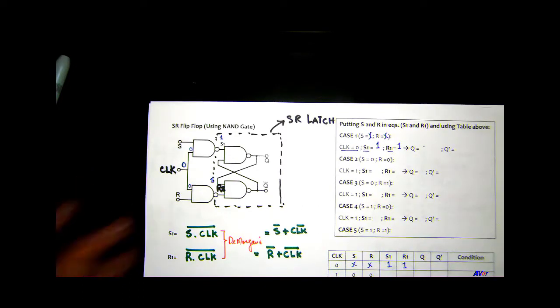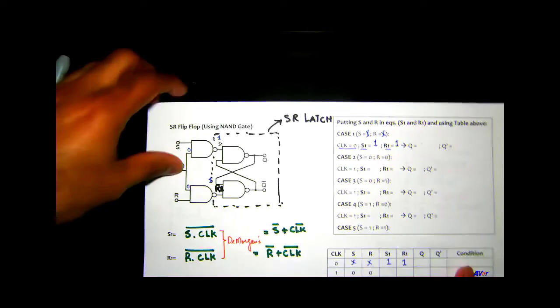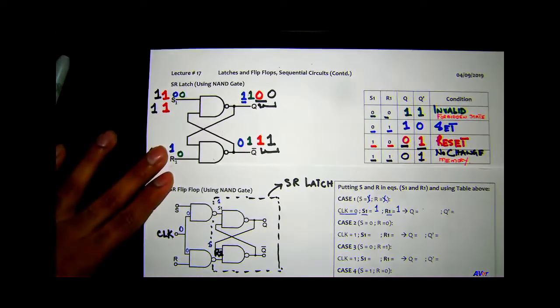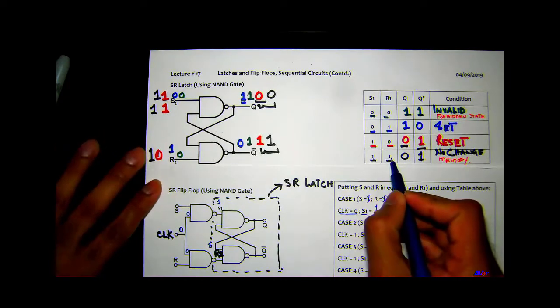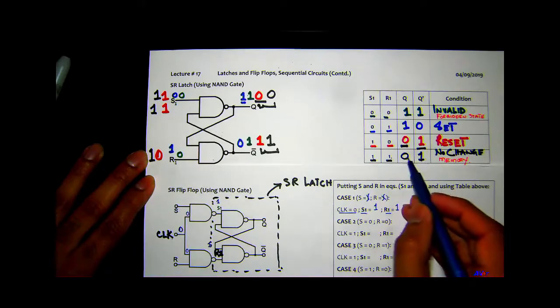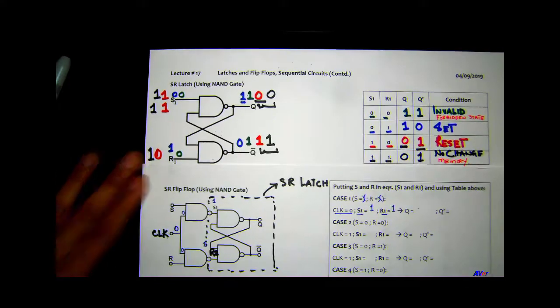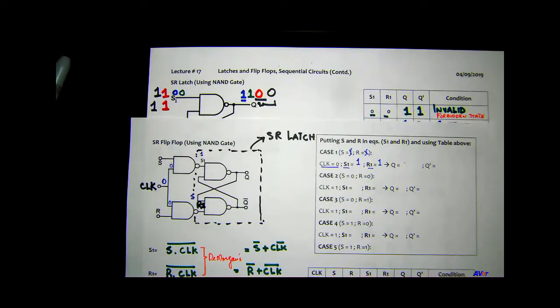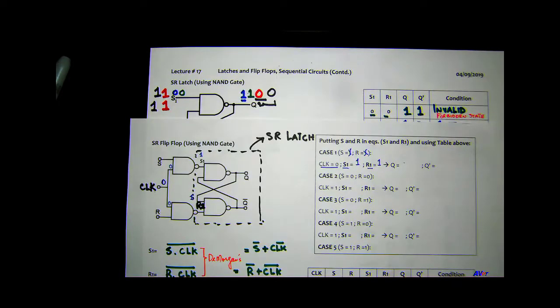And we know, going back to the previous slide right here, that when S1 and R1 were high, the output was the previous state. Because we don't know the previous state, I'll just write down memory here.